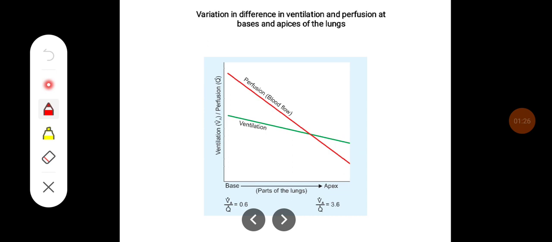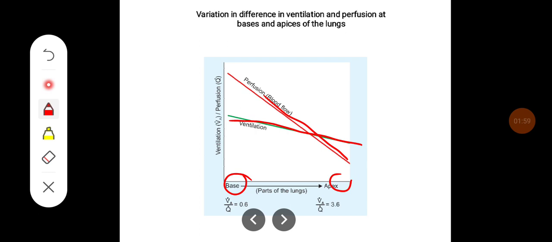Okay. So in this diagram, you can see that both perfusion and ventilation are high at the base and low at the apex. Perfusion from base to apex decreases by 5 times, and ventilation from base to apex decreases by 2 times, that is, it becomes half the original.